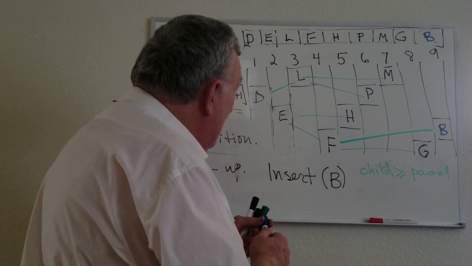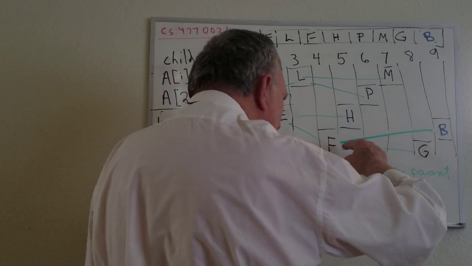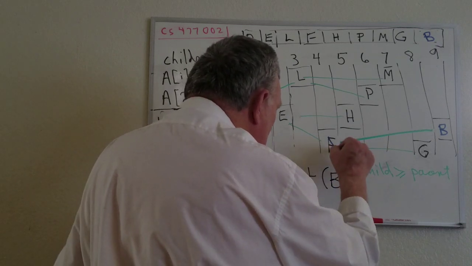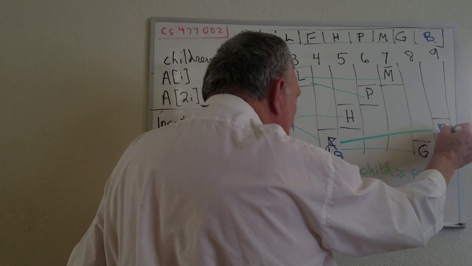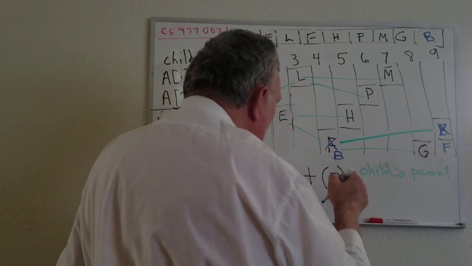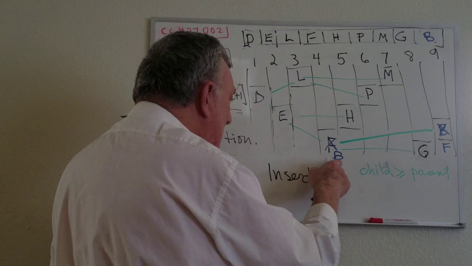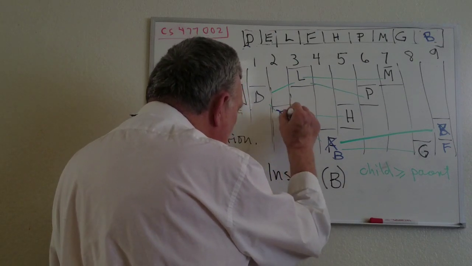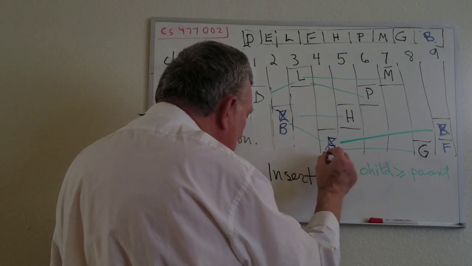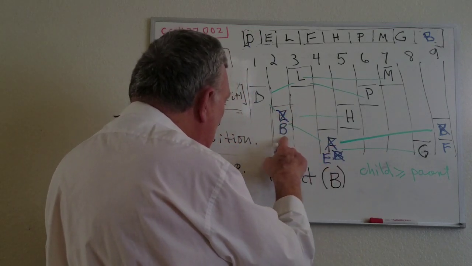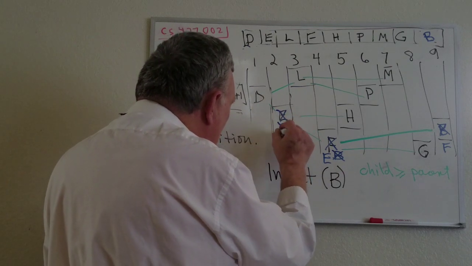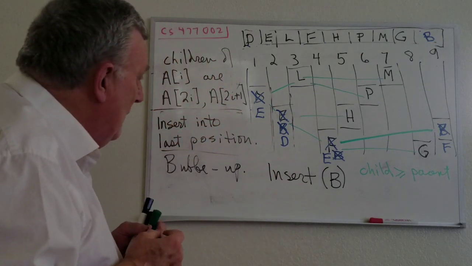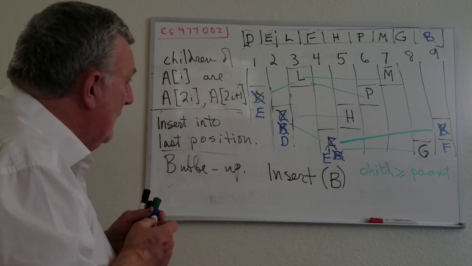So the first thing we notice is that B swaps with its parent F. So B goes here and F goes here. Now we continue to bubble up, checking against its parent, which is E. Now that E is larger than B, so we again exchange. And now B looks at its new parent, D, and it's larger than that, so it exchanges again. And so heap order has been restored.